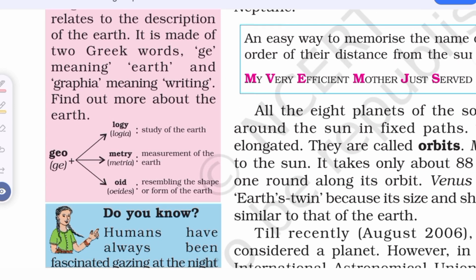There is one thing also mentioned on this page: geography. You will ask what geography means. Geo means earth, and graphia means writing.